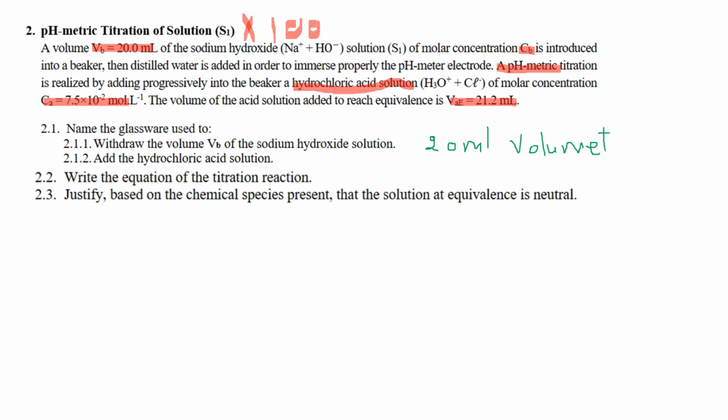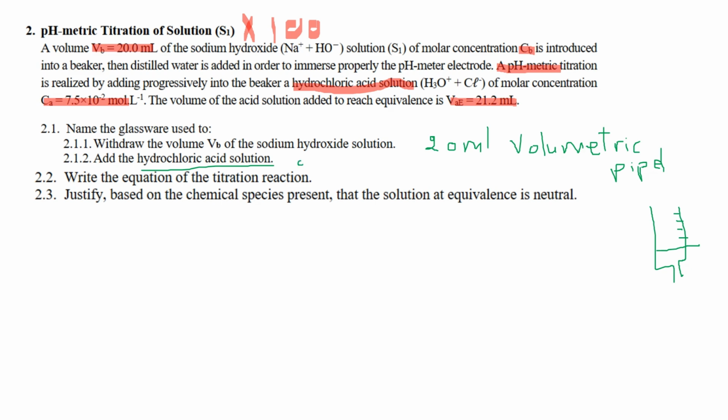Volumetric pipette. Now, how to add the hydrochloric acid solution in a titration process? The acid solution is always added using something called a burette, and it has to be a graduated burette.